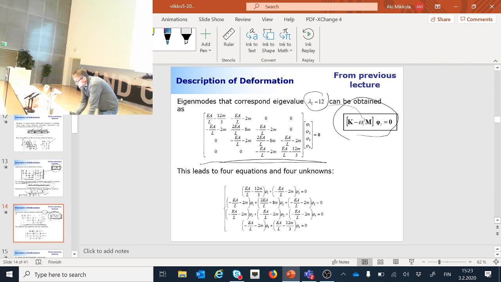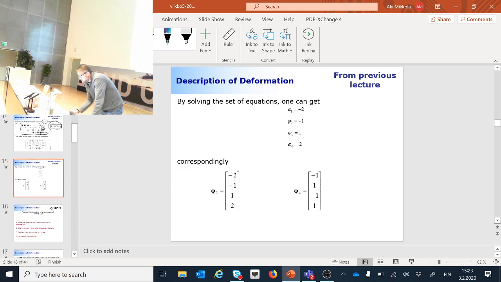Once I do this matrix multiplied by a vector that is unknown, I get 4 equations, 4 unknowns. All right? Once I solve for the unknowns, and the unknowns again are these ones, this is how it looks. So this is the way the structure deforms.